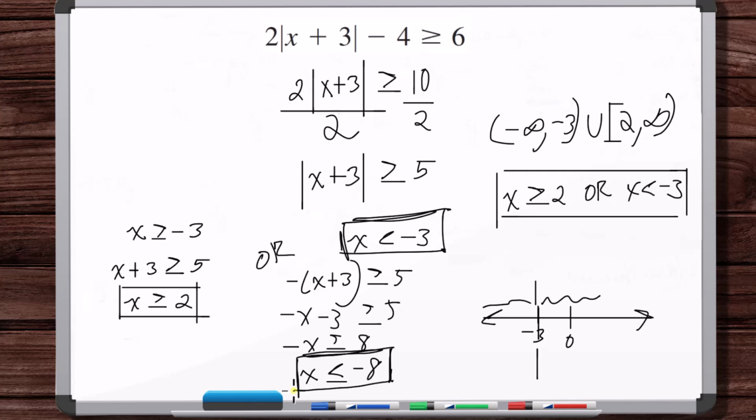X is less than -3 and x is less than or equal to -8 crosses over to where we just have x is less. The and criteria between those two is that x is less than or equal to -8, right? And now applying the or between these two, this just becomes -8. This becomes -8.